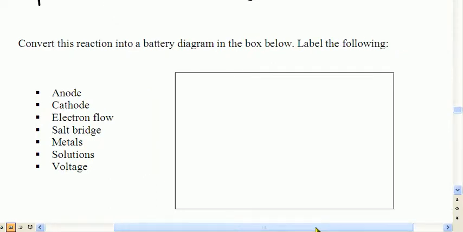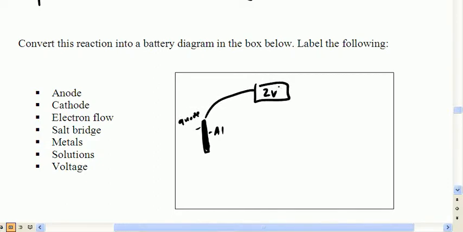Label all the following. So, we know that we're going to have the anode. This is going to be made out of Al, and it's going to be the anode, and we're going to see 2 volts there, and that's going to be connected to Cu, and that's going to be the cathode.